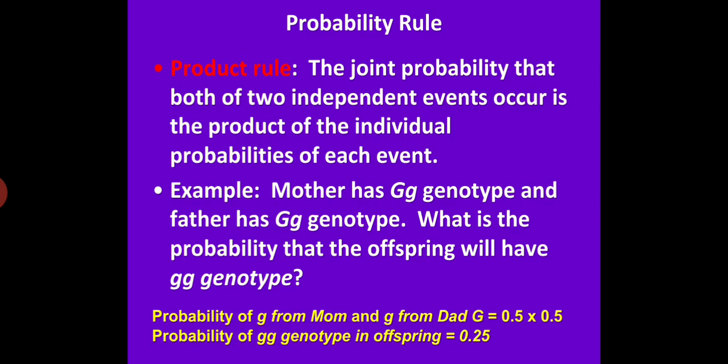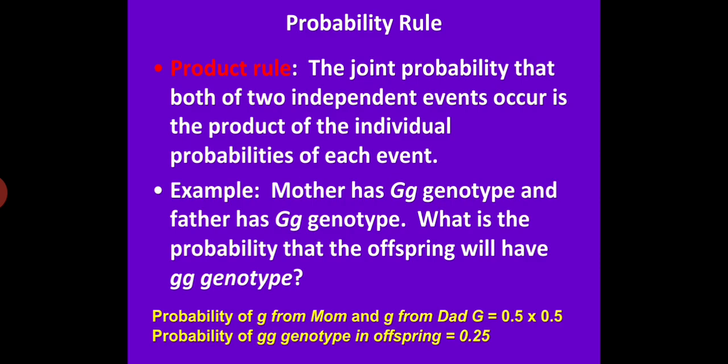Then the product rule. The joint probability that both of two independent events occur is the product of the individual probabilities of each event. A mother has a capital G small g genotype and the father has a capital G small g genotype. What is the probability that the offspring will have the small g small g genotype?